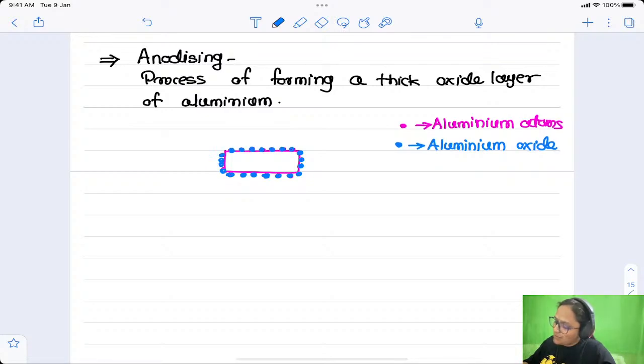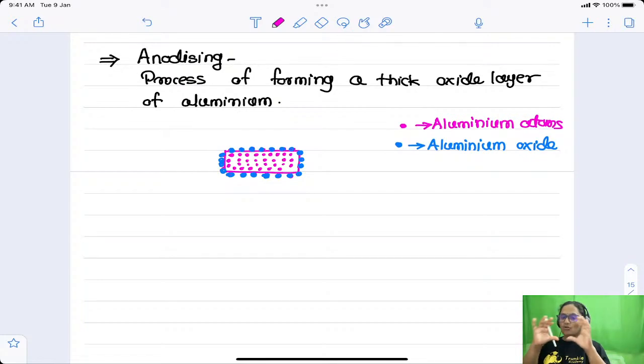Now it will have a coating of aluminum oxide, due to which the aluminum atoms which are below this aluminum oxide layer, inside the material, will not be exposed to the oxygen.